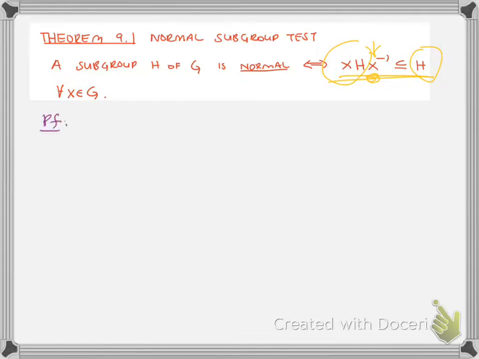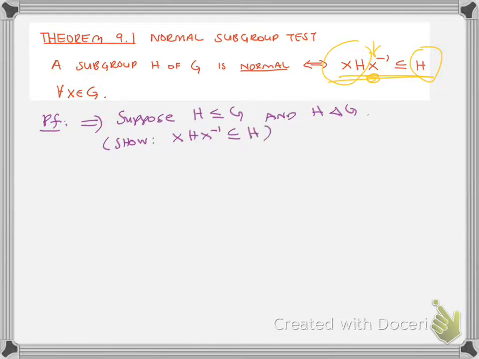All right, so let's prove this. First, going the forward way, the direct way, suppose H is a subgroup of G and that H is a normal subgroup of G. Here we want to show that xHx^-1 is a subset of H. Since we're assuming it's normal, that means for all x in G and for all h in H, there exists an h prime in H such that xh equals h prime x, right?